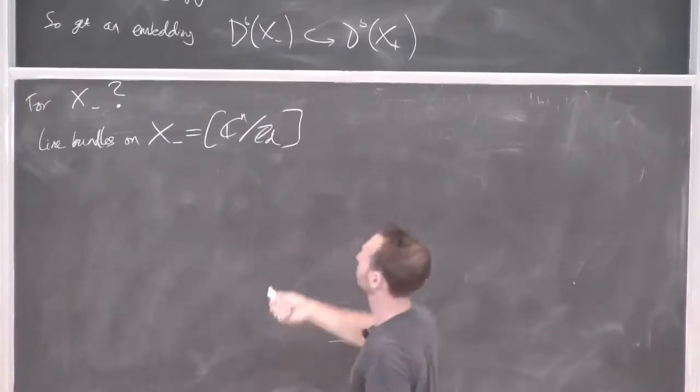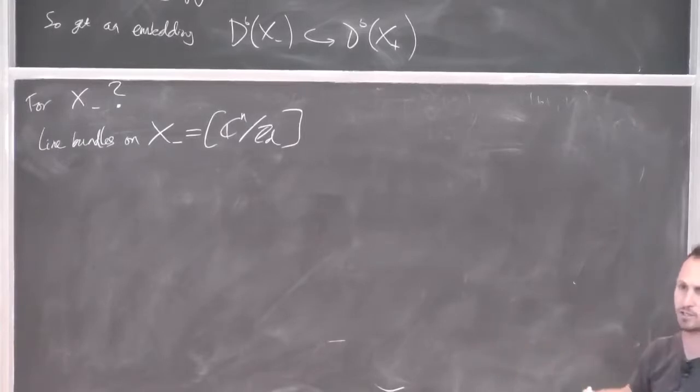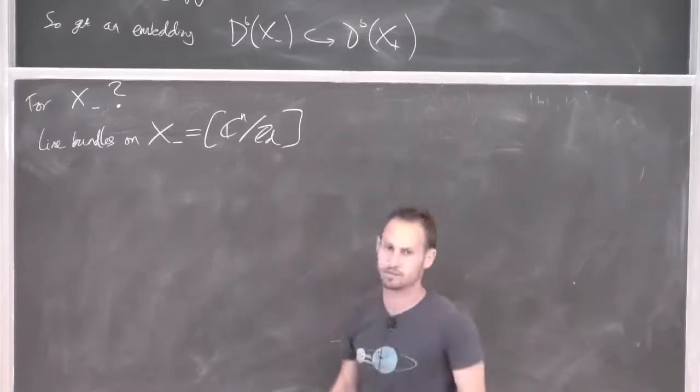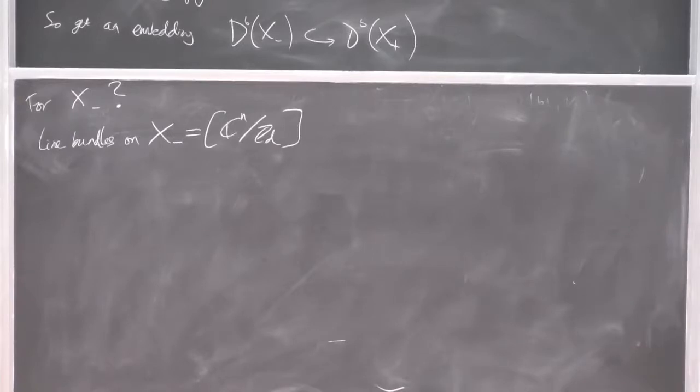Well, when we had our quotients by C star, the line bundles just came from representations of C star, so they were governed by integers. Here, a line bundle on this thing will be governed by a representation of Z mod D. And there are only D characters of Z mod D. There aren't infinitely many, there's only D many.